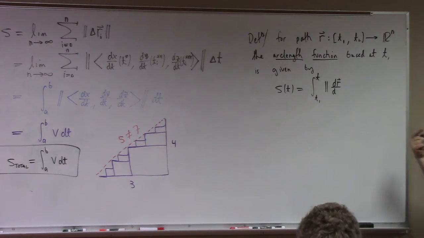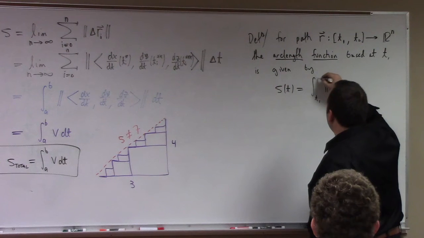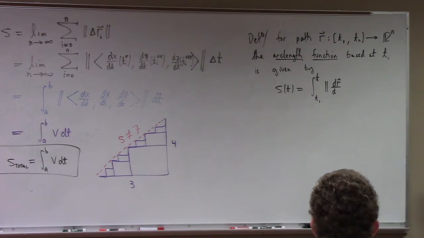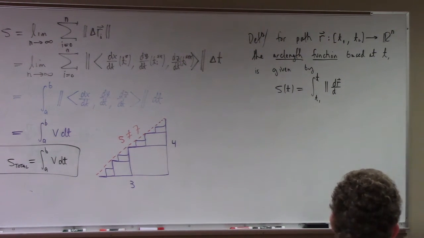We've used t as an arbitrary variable of integration, right? But it's a bound, so I can't use t for the integration as well. I needed a different symbol. T bar or tau? What's your choice? Tau? All right, tau it is.